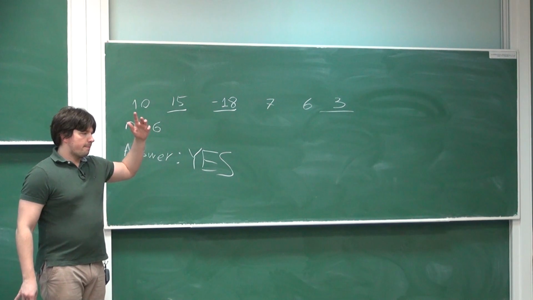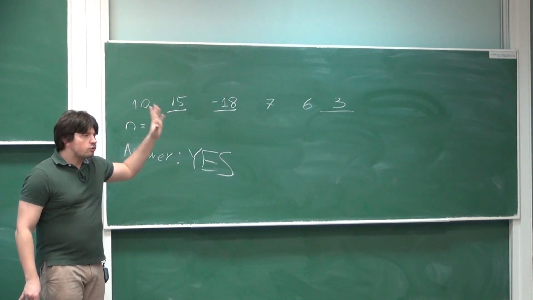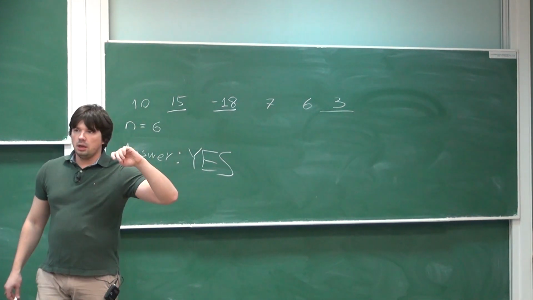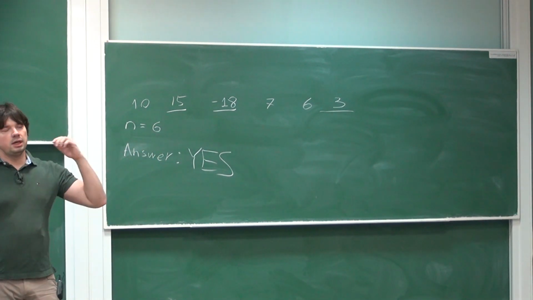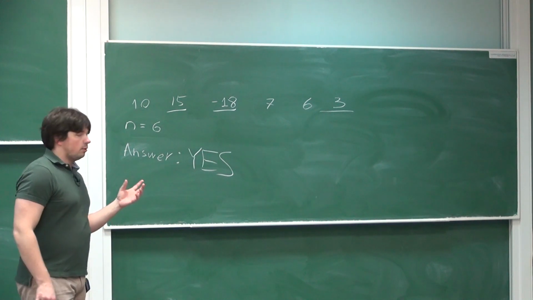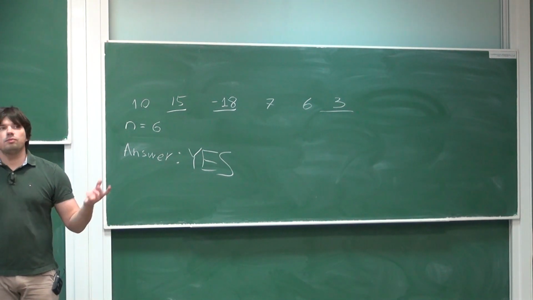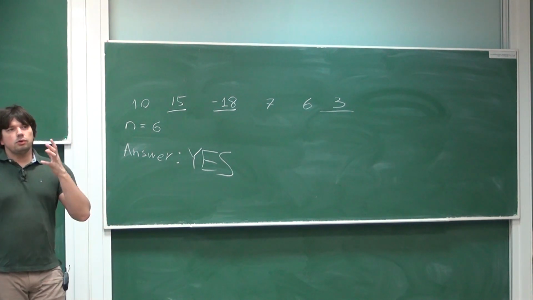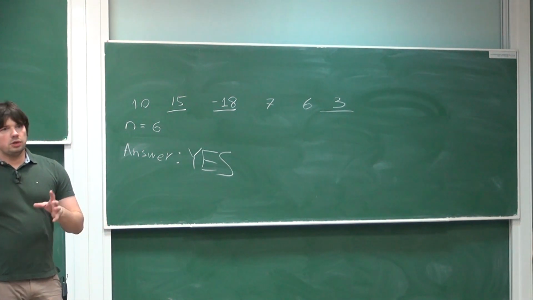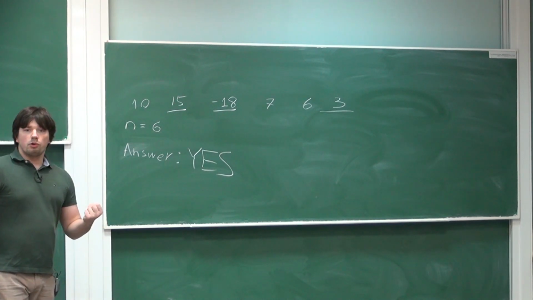And the trivial solution is, this is basically the focus of today's lecture, right? The trivial solution is also called brute force. So basically you don't want to think at all. You just want to use your muscles to solve a problem, right?